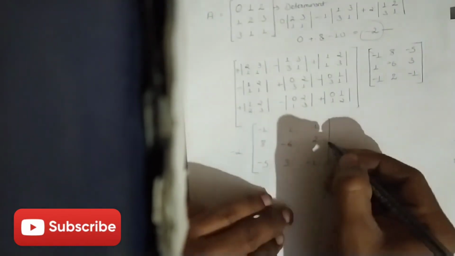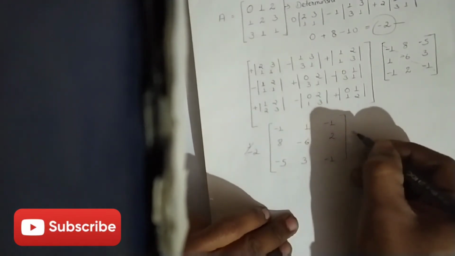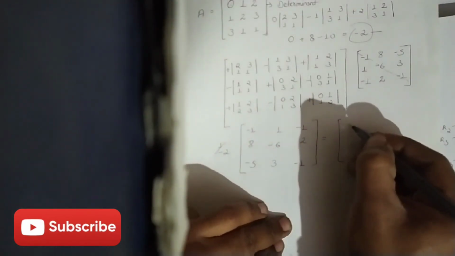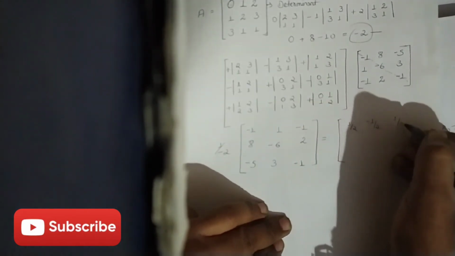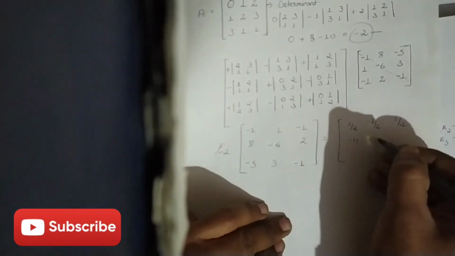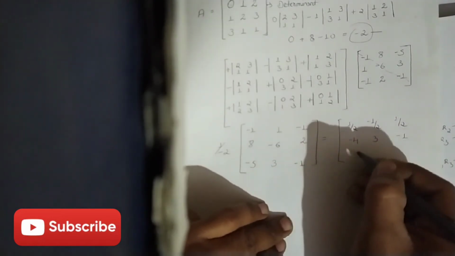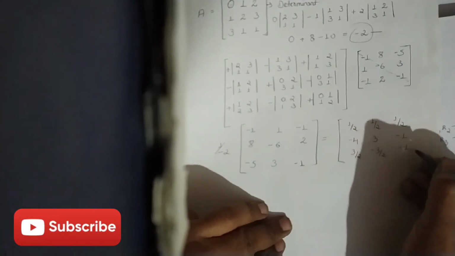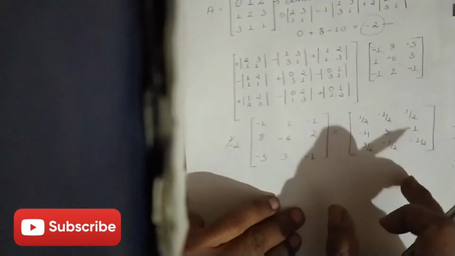So we will write here, then we will get the answer, that is 1 by 2, minus 1 by 2, 1 by 2, minus 4, 3, minus 1, 3 by 2, minus 3 by 2 and minus 1 by 2. That is the final answer that we will get from this trick.